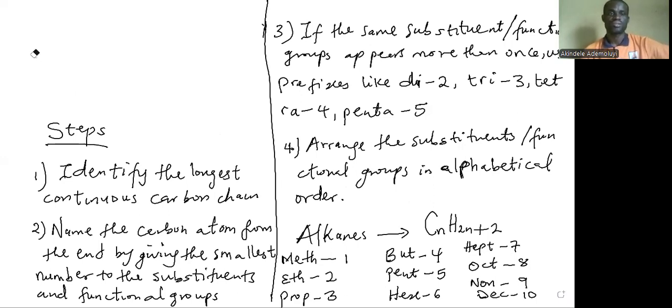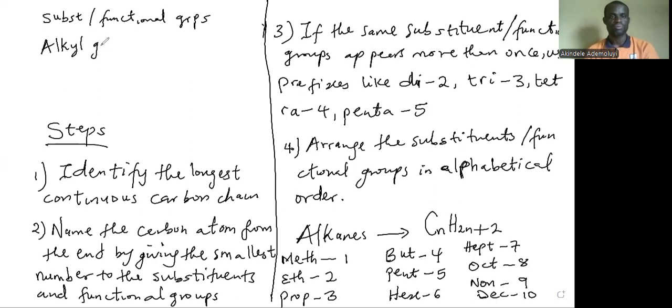So let's name a compound using this. I made mention of substituents and functional groups in the rules I gave you. What do we mean by this? In organic compounds, there are some groups called substituents, like the alkyl group.